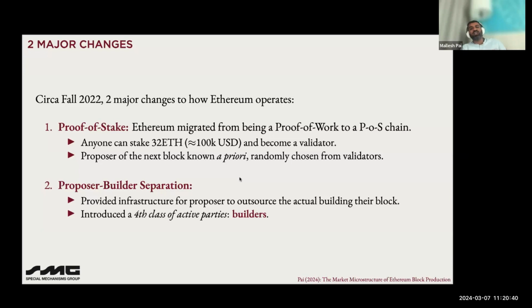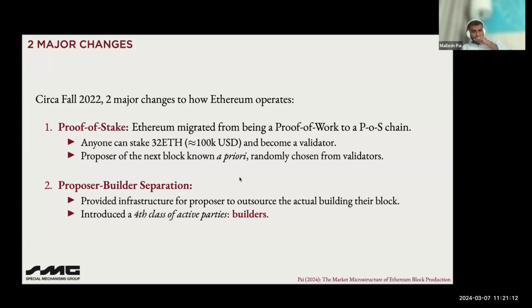They moved from that to being a proof of stake chain, and a proof of stake chain means anyone can stake. Ethereum's parameters are that you have to stake 32 ETH, which at current market prices is a little over 100,000 US dollars. Once you stake this, you lock it up and you become a validator. Then, from the set of people who have staked ETH and become validators, every few periods Ethereum draws randomly and announces which validators are in charge of announcing the next block, and the block after, and so on.